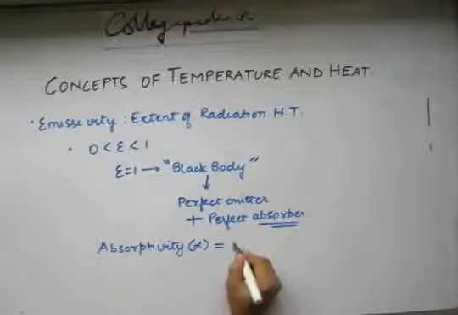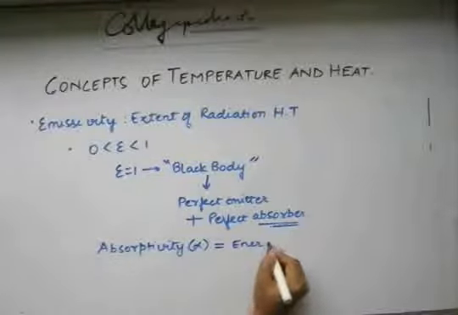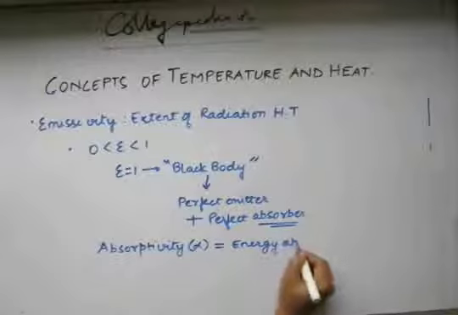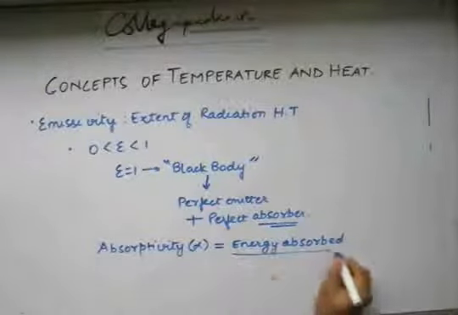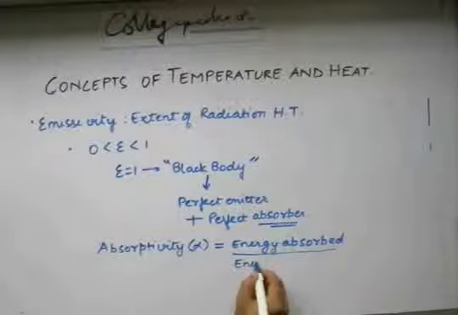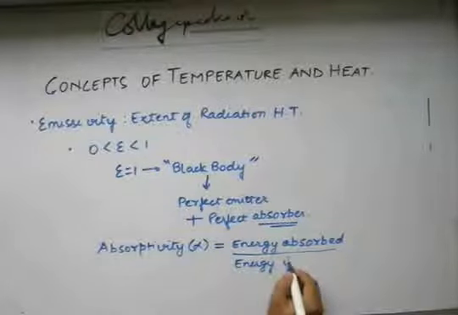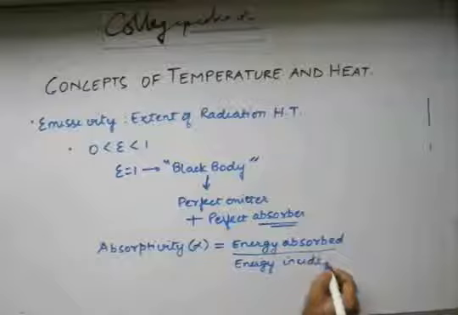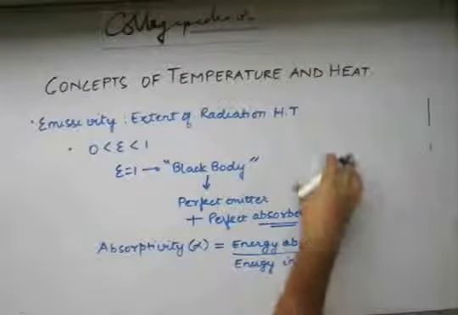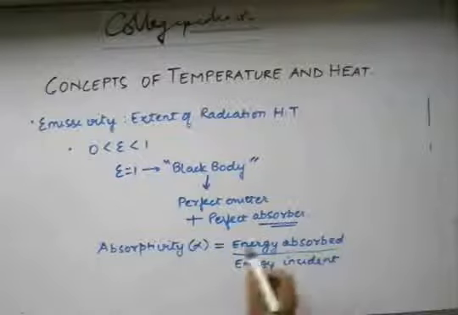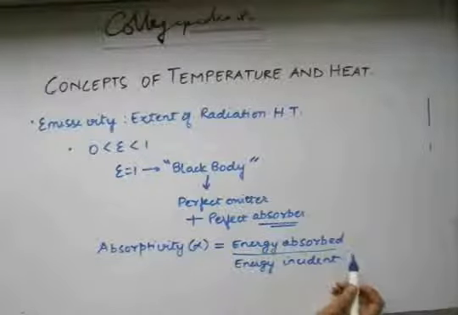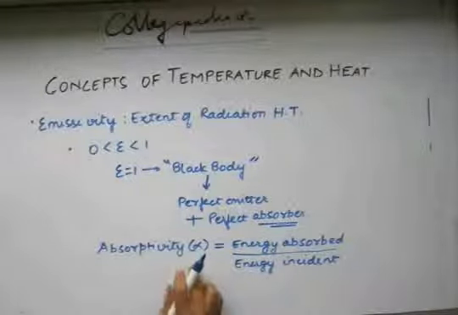This is going to be energy absorbed by the energy incident. So if we, let's say, have a body on which incident energy is, say, 1000 joules and the body absorbs 500 joules, then our absorptivity will become equal to 1 by 2.